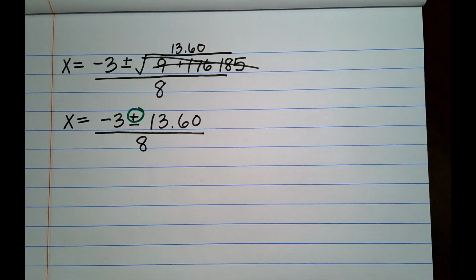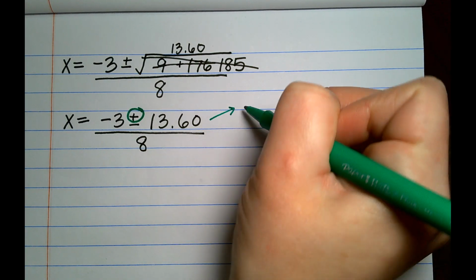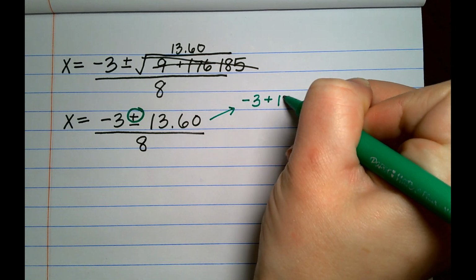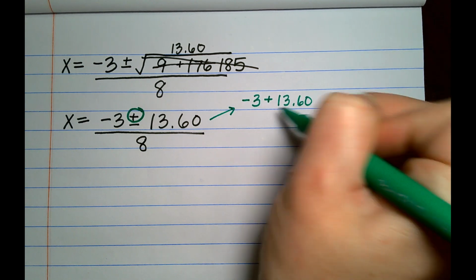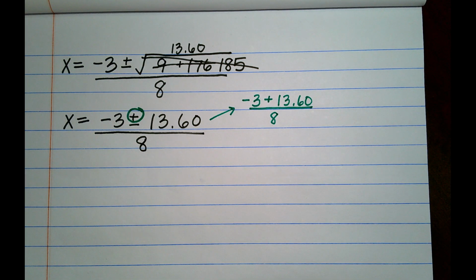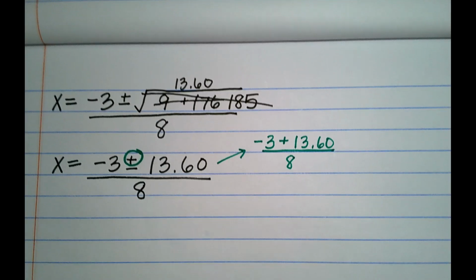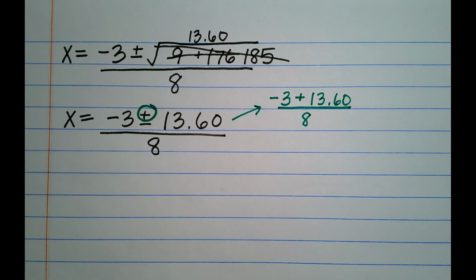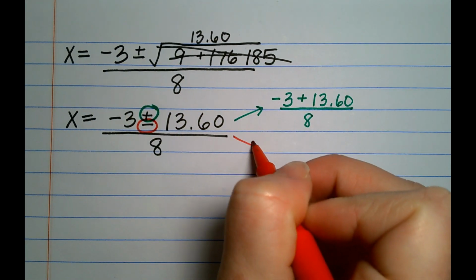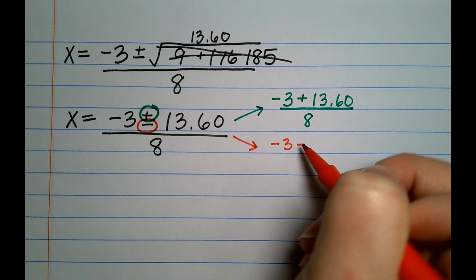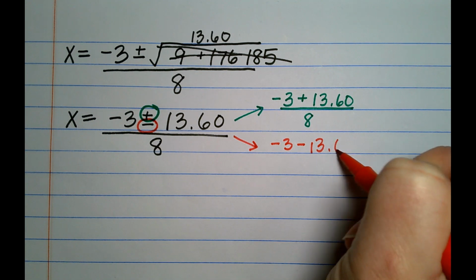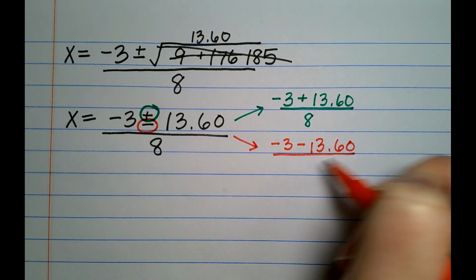We have -3 plus 13.60 over 8. And what would the other one be? -3 minus 13.60. Perfect. -3 minus 13.60 over 8.